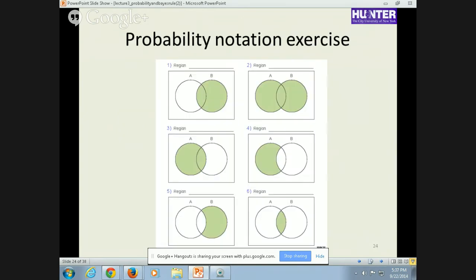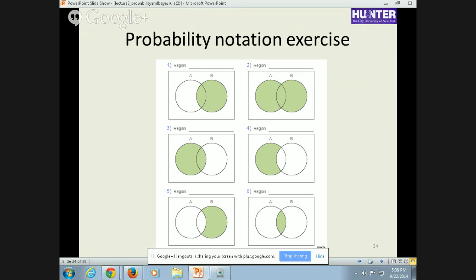All right. I have a couple questions for you now. So, using the notation that I just showed you, go ahead, if you have the handout, write in here how you would write each of these probabilities, the parts that are shaded in green.